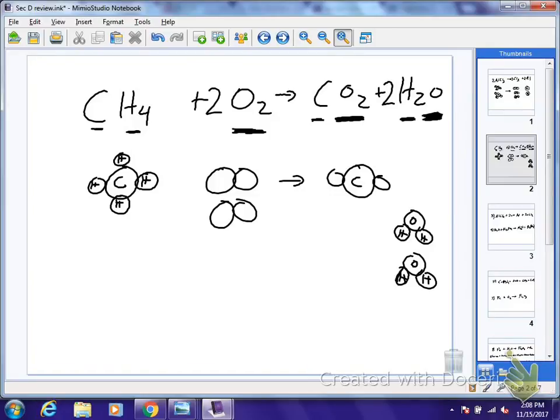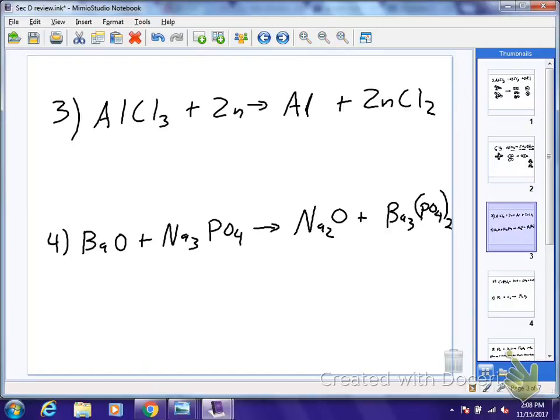The next ones I'll just balance real quick. Show you. So, number 3, if you notice, aluminum's balanced, zinc's balanced. We got a 2 for chlorine on the right side and a 3 on the left side.